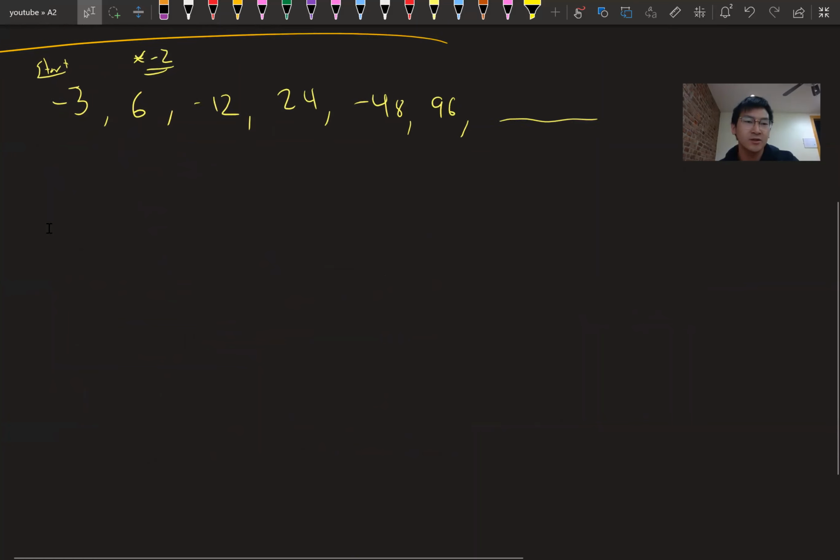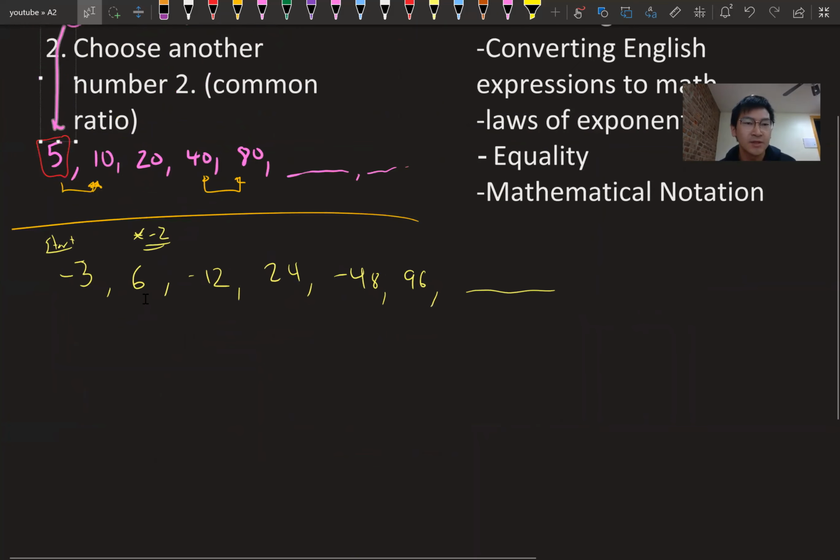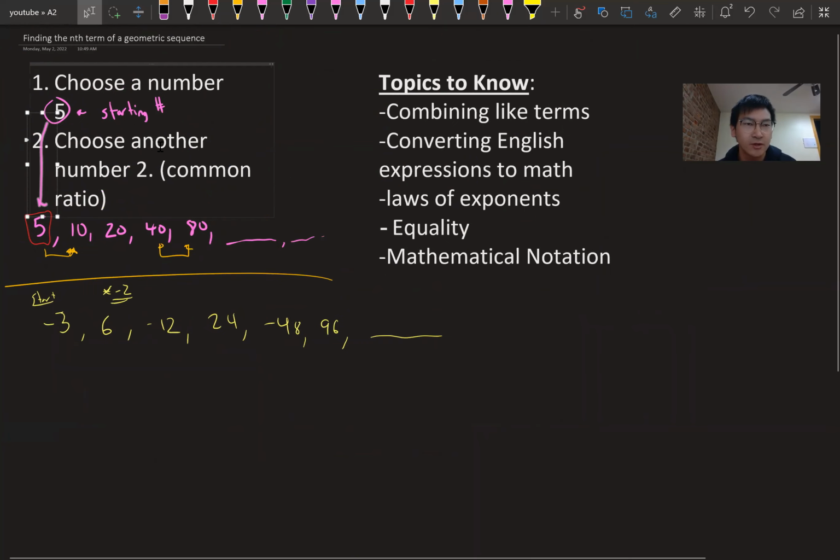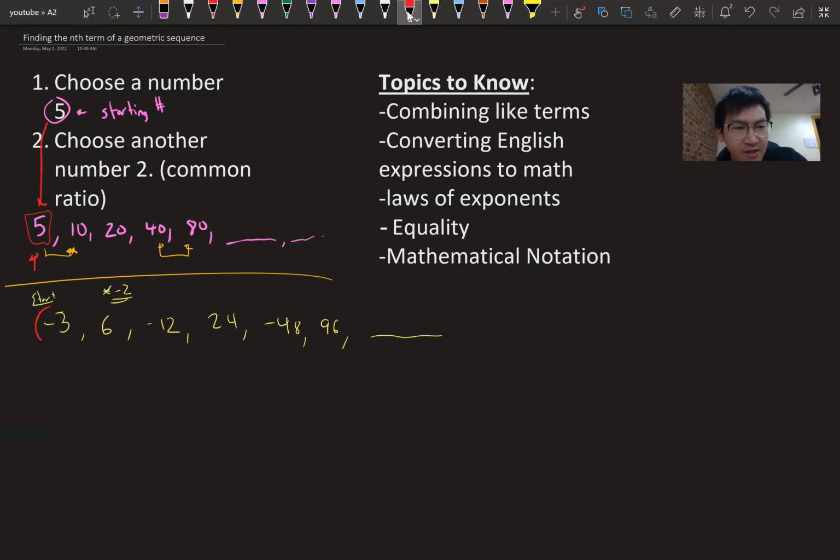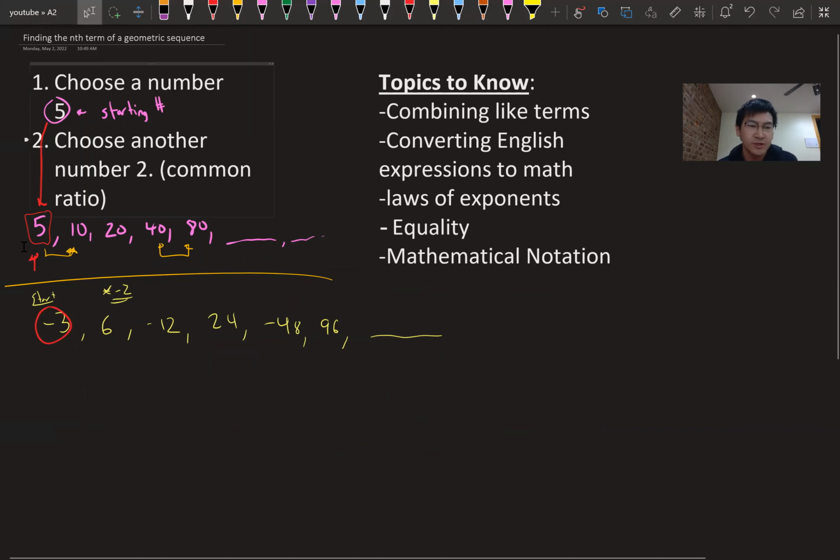Now let's try to derive this for an arbitrary geometric sequence. In both of these examples, the first number, 5 and -3, was arbitrary. It wasn't really that important. So why don't we just start off with any number.